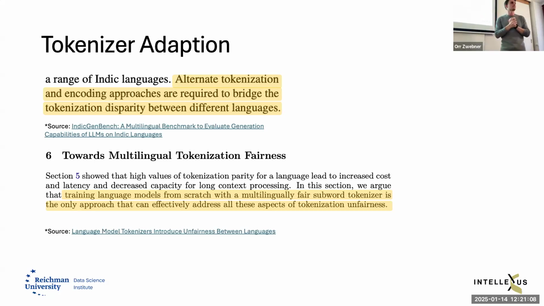Any additional notes, Nicola? The question is, do we already know that Tibetan script and Tibetan Wylie are tokenized in two different ways? We're going to see it now. Yes, they're different characters, so it's going to be tokenized differently.